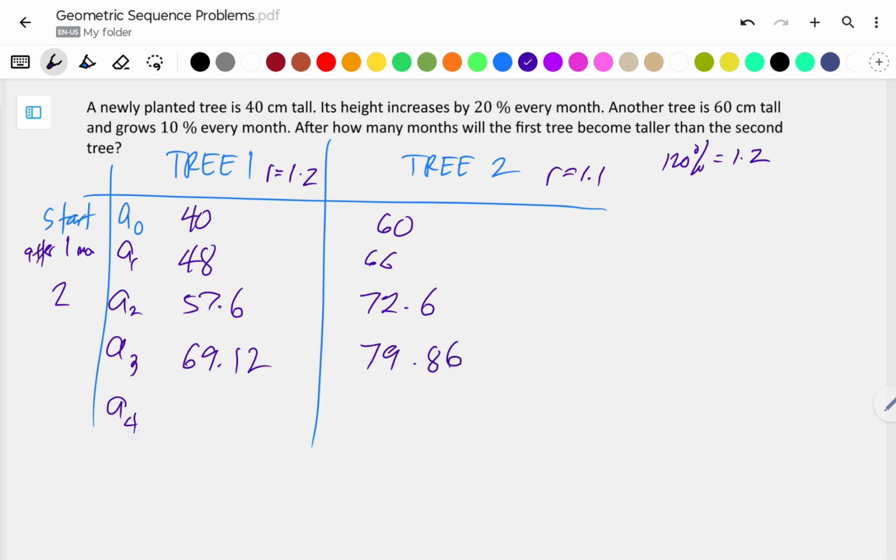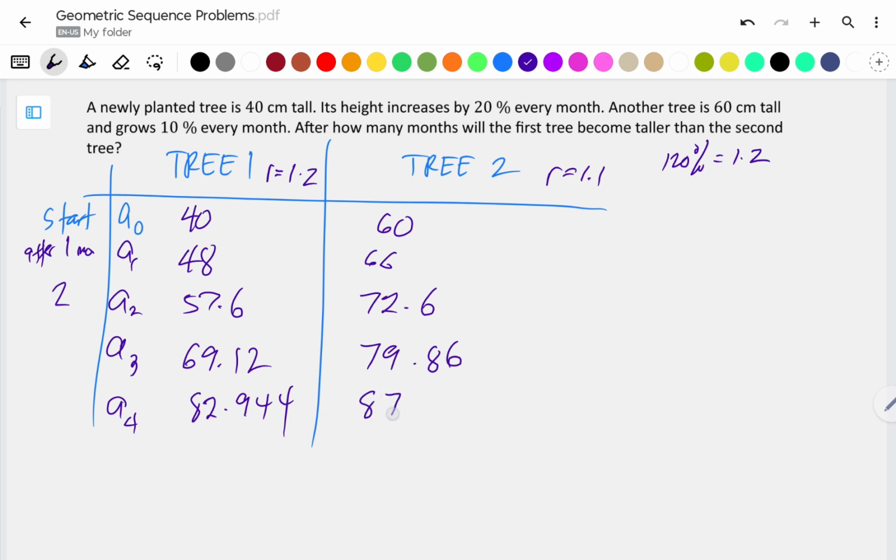And after 4 months, tree number 1 will grow again 20%. So that's going to be 69.12 times 1.2, so 82.944. And then tree number 2 will grow by 10% only. So that will be 79.86 times 1.1.